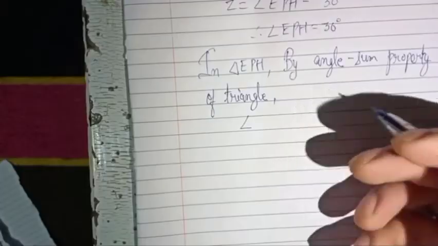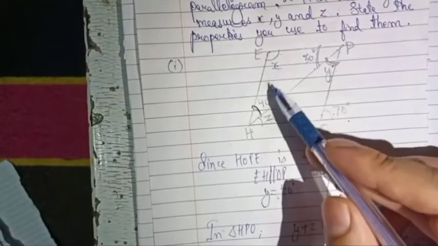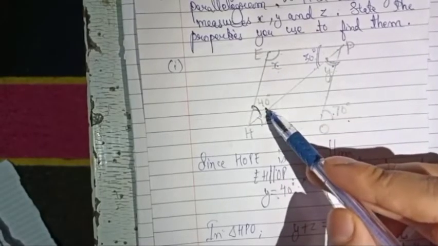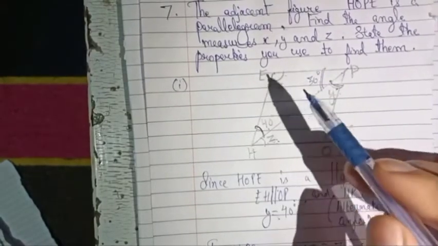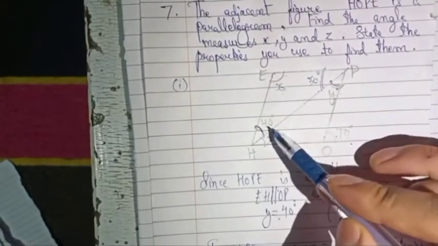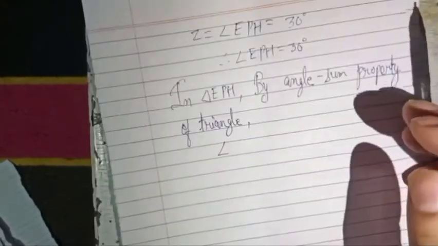Now look into the diagram. All these angles X plus 40 plus 30 will be equal to 180 degree. Again look into the diagram. X plus 40 plus 30 will be equal to 180 degree.